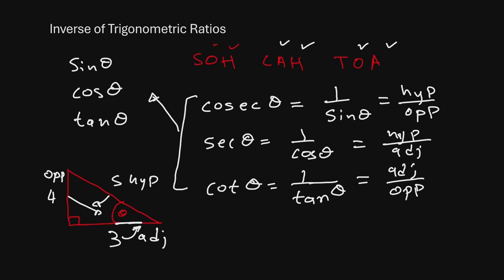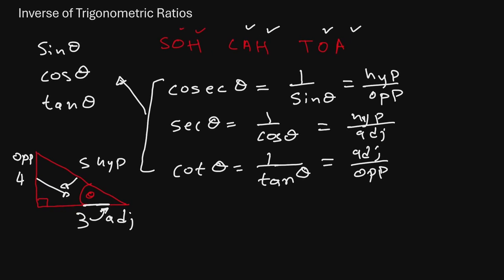So now, if we want to determine cosec, sec, and cot, you must first know these are the inverses of the following. Then after you identify that, you will be able to get these ratios.